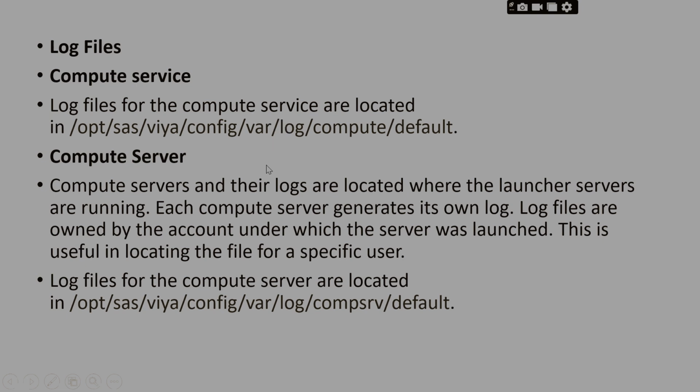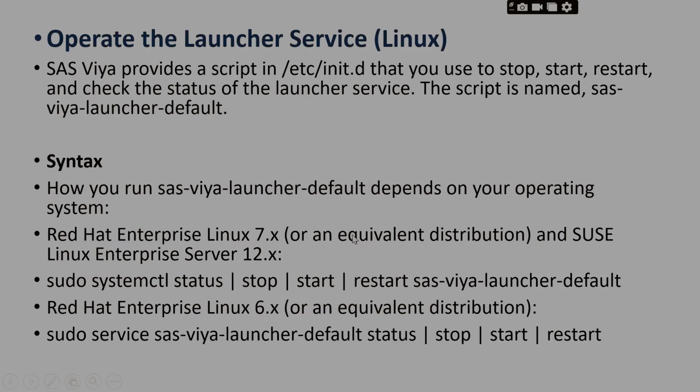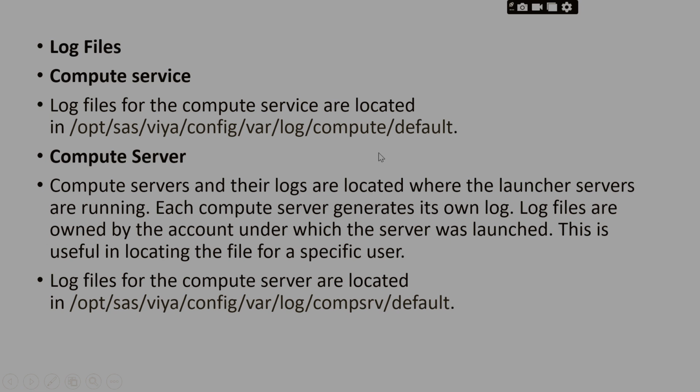Even the system server logs are also available under var only, but here we have also created one variable directory, and under it you can see all types of logs, not only compute, not only launcher. Every application's logs will be available. All the services like web workspace server, microservices server, and CAS server, every application's logs will be available here. So these are the log locations.